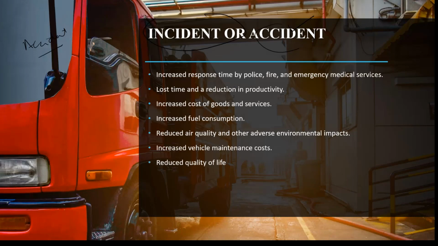The one common point in both accident and incident is that both of them happen unintentionally. But in an accident, the result is damage, injury, or harm. While in an incident, we don't have a result in the form of damage, injury, or harm. So this is the major difference between incident and accident.